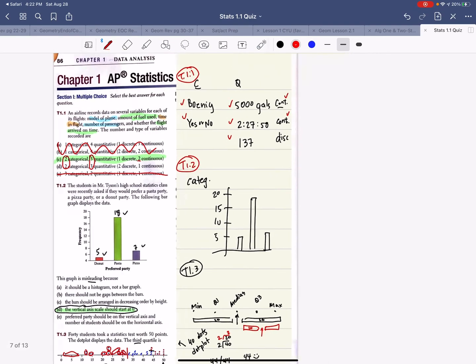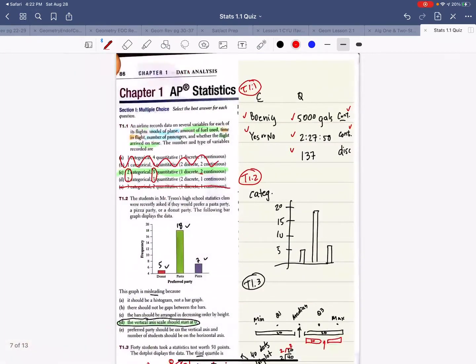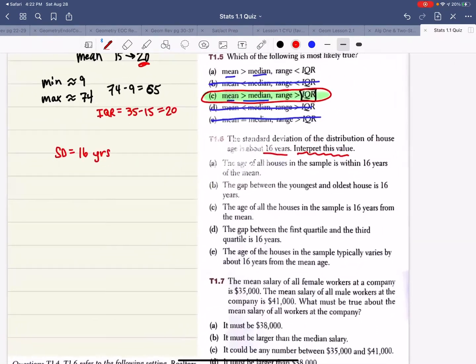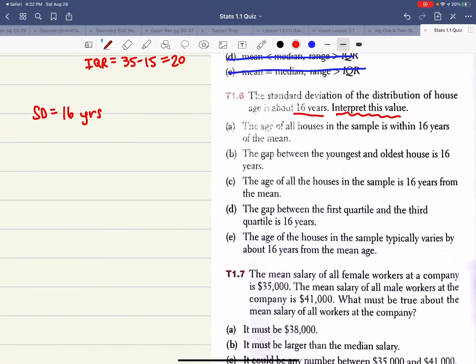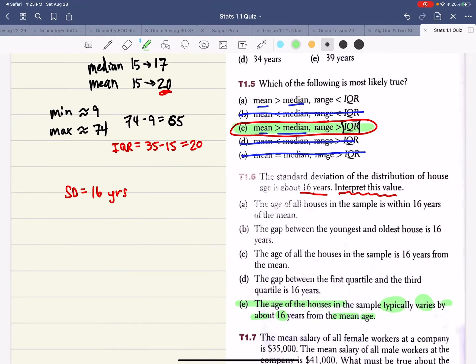All right, so looking at our choices here, it looks like choice E, the age of the house typically varies by blank from the mean age, and they didn't give the mean age, but they didn't have to. That matches our script.